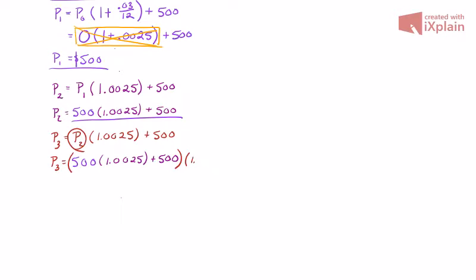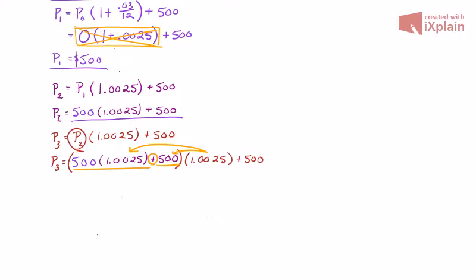So then I still have that all being multiplied by 1.0025 plus 500. So I have a big quantity here, right? I have this factor times this factor. So what I can do is distribute. So distribute to this first term, and then distribute to this second term. Remember that terms are separated by addition or subtraction signs.